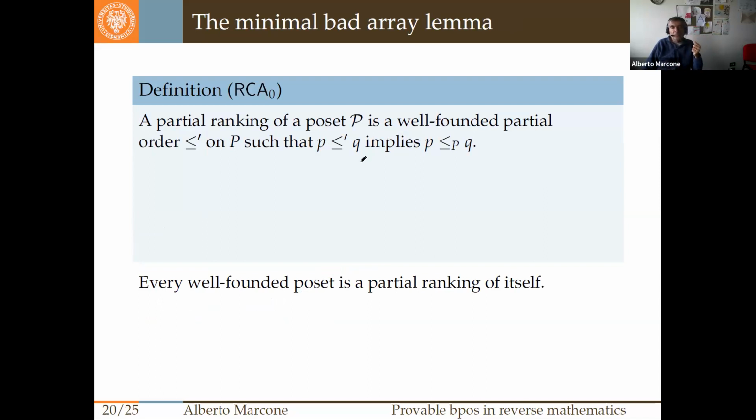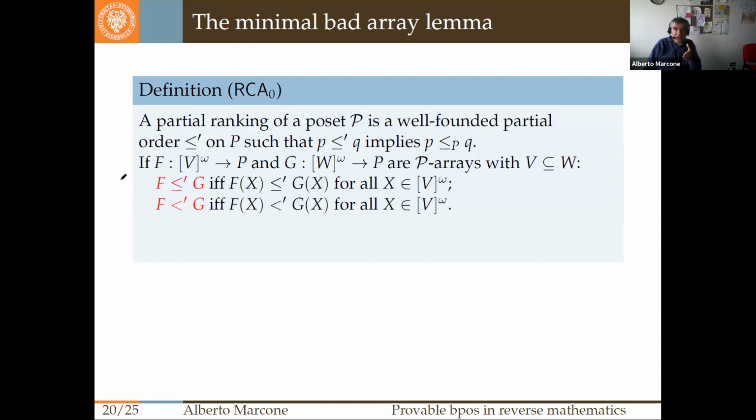You ask for that to be well-founded, and this is called a partial ranking if it's compatible with the original partial order you have, in the sense that if P is less than or equal prime to Q, then P was already below Q according to the partial order itself. So you are ranking all elements in P according to how far they are in this well partial order, which has a natural notion of rank, and we call that a partial ranking.